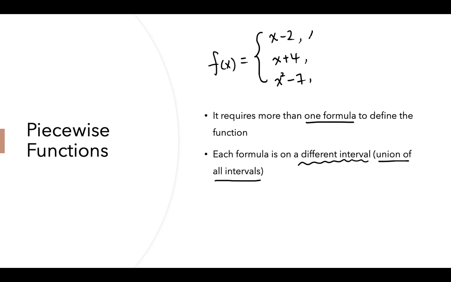So we could say x is greater than or equal to 2, and then x is between 2, not including, and 0, and then x is less than or equal to 0. So the first two have to share the same domain boundary of 2, and the last two have to share the same boundary of 0.